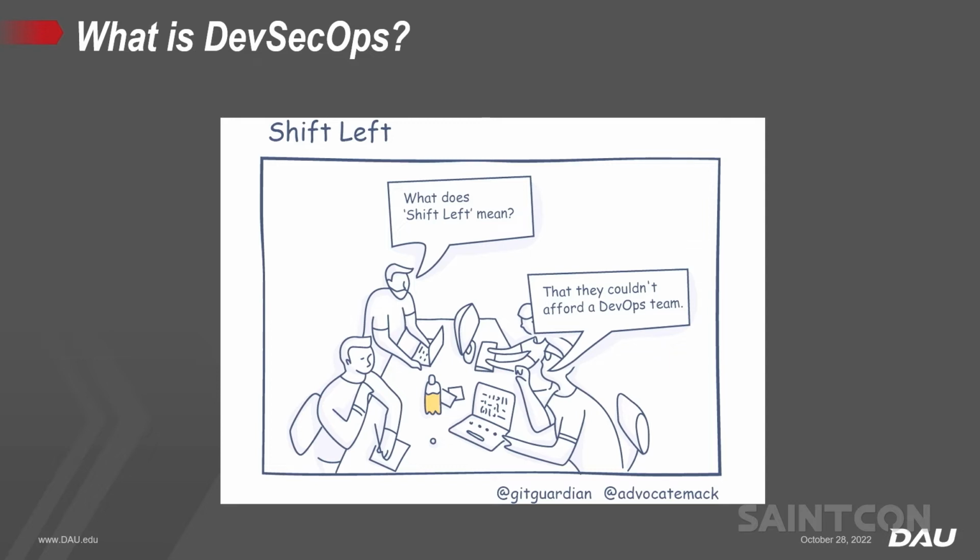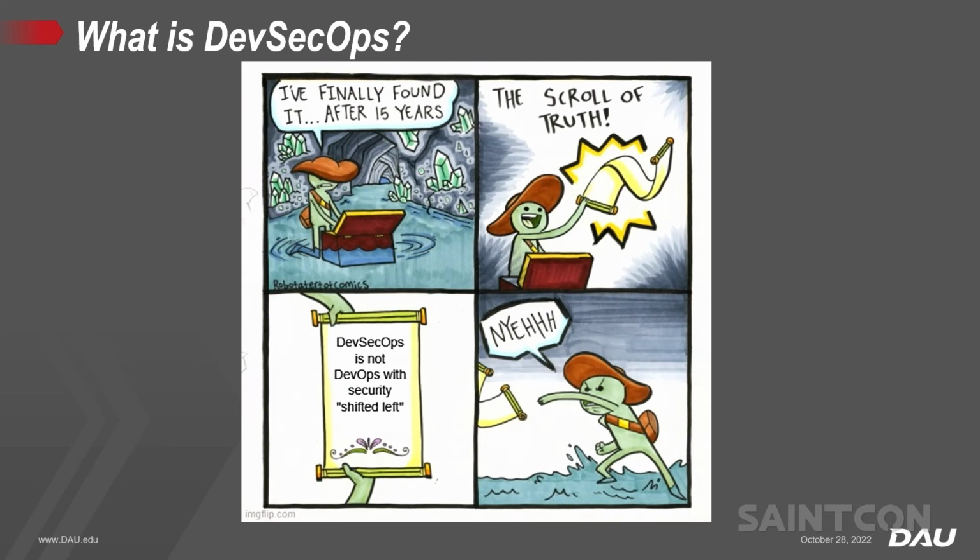I have another slide that deals with shift left after this one. It's so commonly used it's almost become pointless, as security needs to be embedded in and properly incorporated like any other DevOps process, going into Agile and your software development lifecycle.